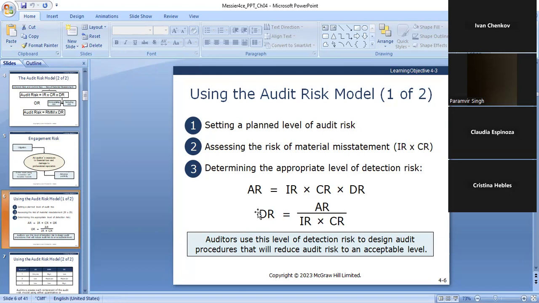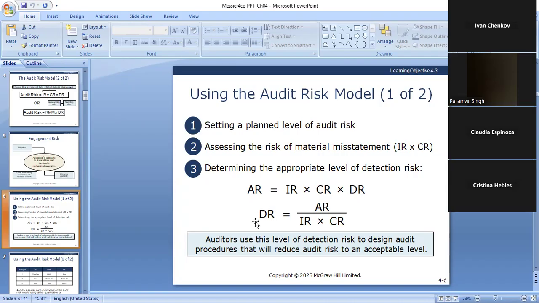Now, in order for an auditor to achieve the audit risk number that he wants, since we don't have control over those two, and the last thing we have control over is the detection risk, we have to come up with that detection risk ourselves.